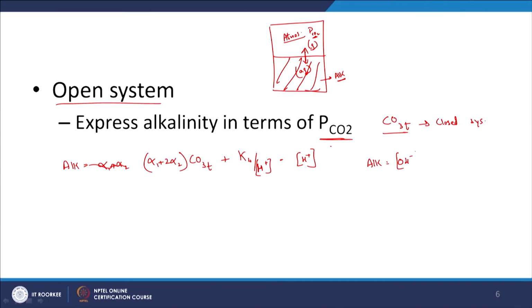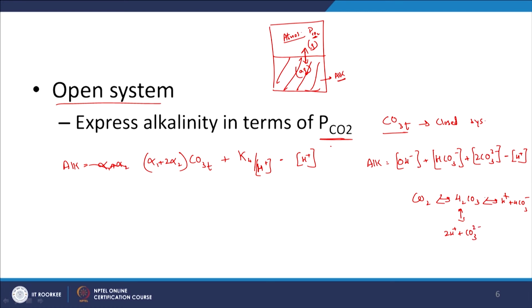OH minus, and the other bases are HCO3 minus plus 2 CO3 2 minus minus H plus, right? And we saw that when we bubbled carbon dioxide, it can go to H2CO3 or H plus and HCO3 minus, or it can directly, let us say, also go to 2H plus and CO3 2 minus.